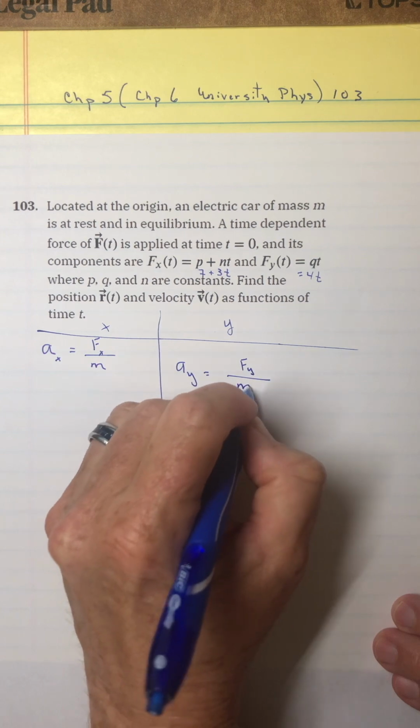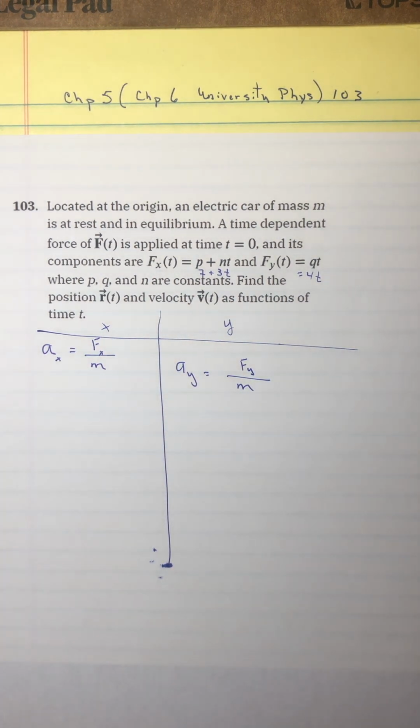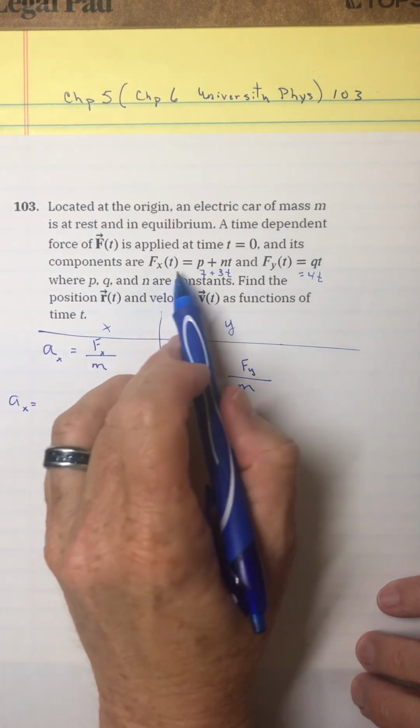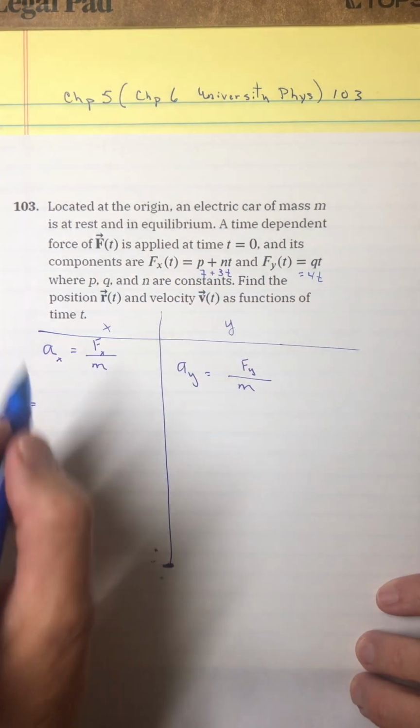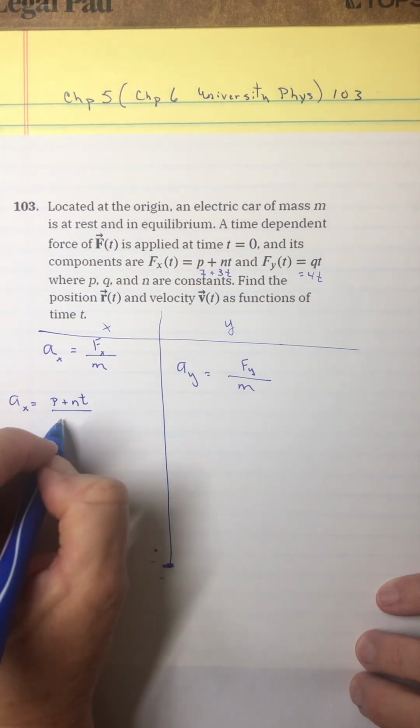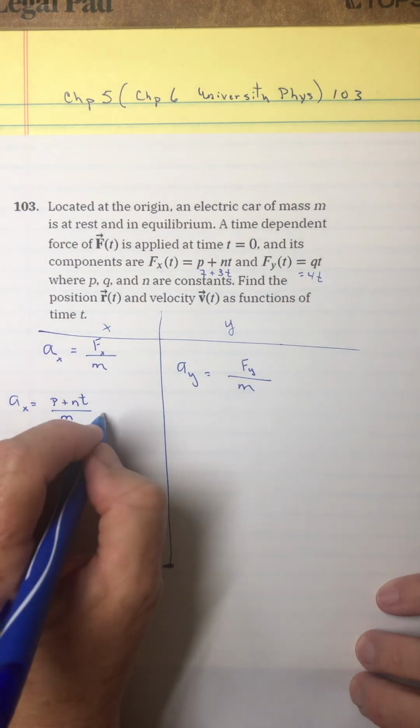So this would be my first step: what is the acceleration in the x direction? You take the force and divide it by m. And in the x direction, here's the force. So if I divide that by m, I get p plus nt divided by m.